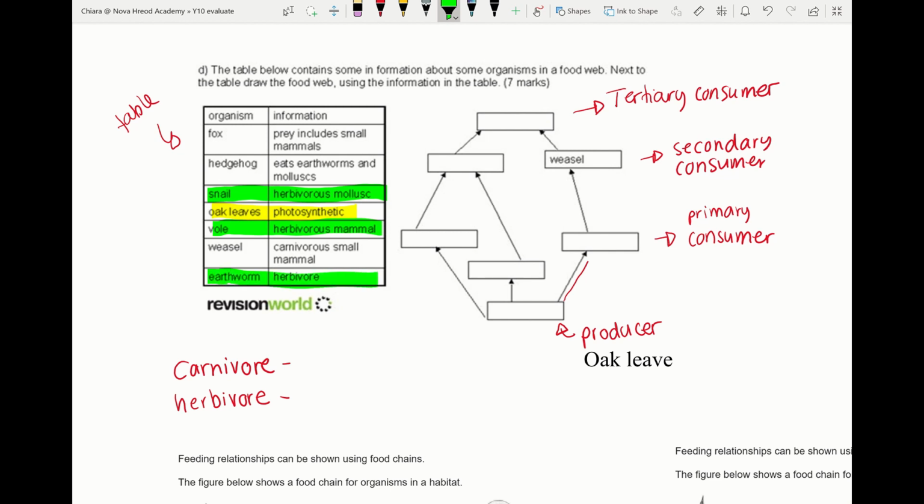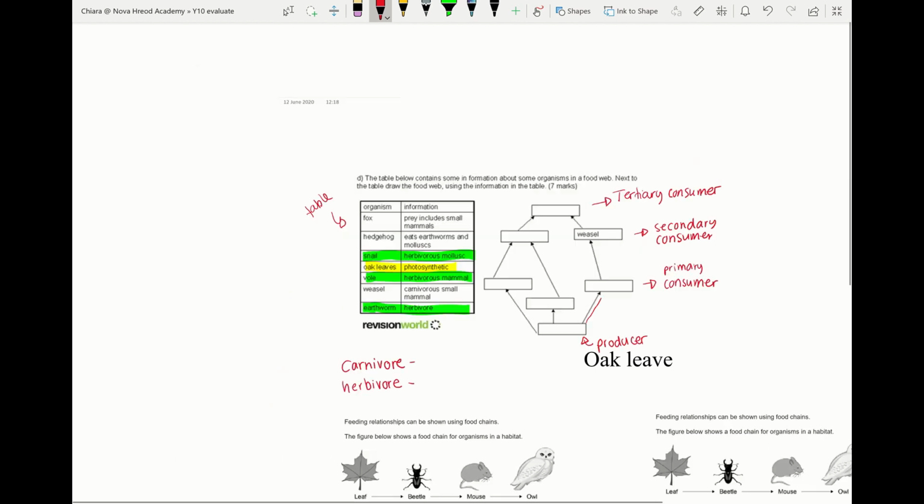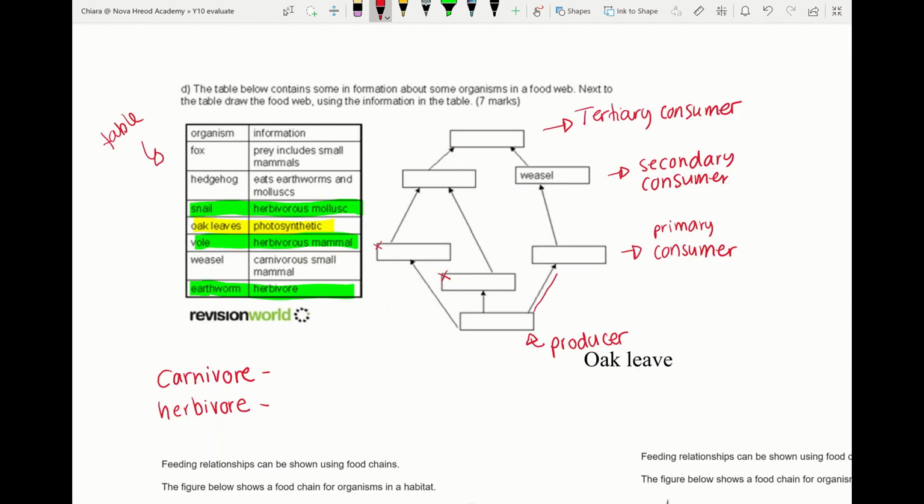Okay, so now I've got the three organisms that are my primary consumers because they are feeding on plants. Any of these can go in these boxes, but I still don't know in which order they will go in there. So let's work backwards then.